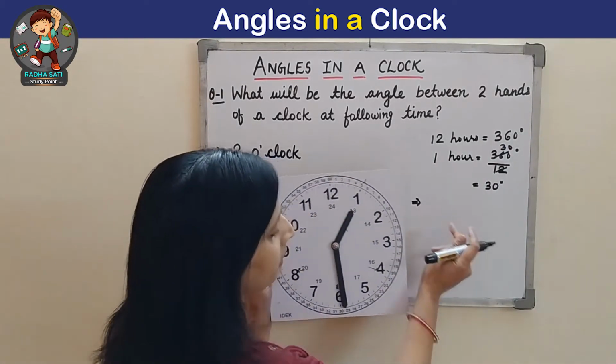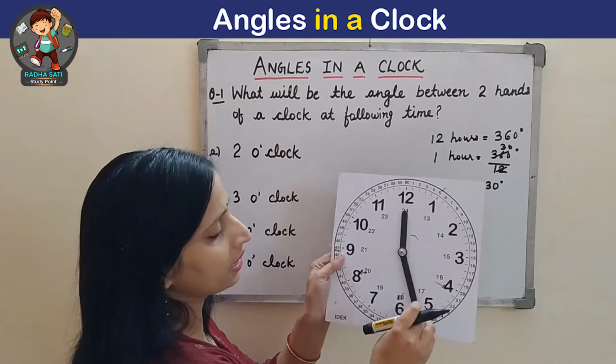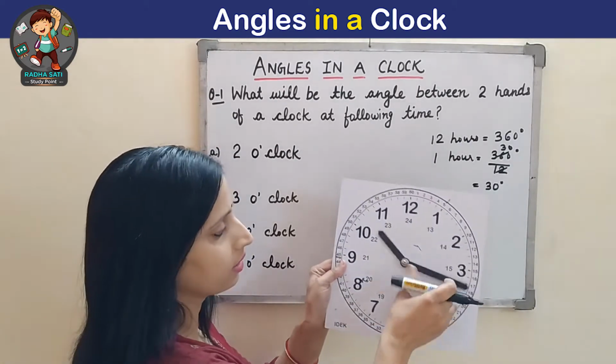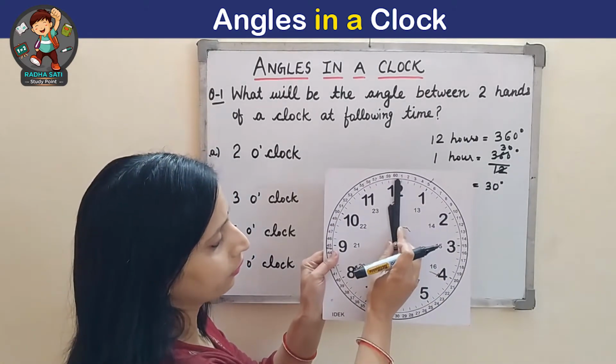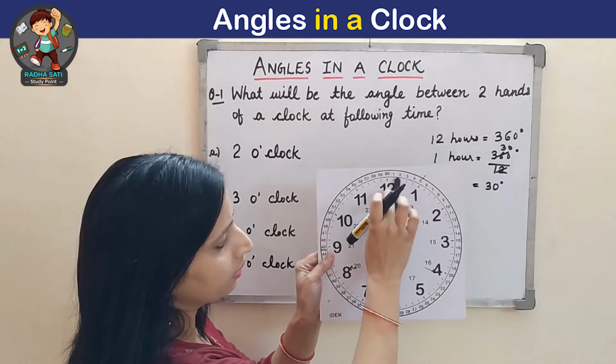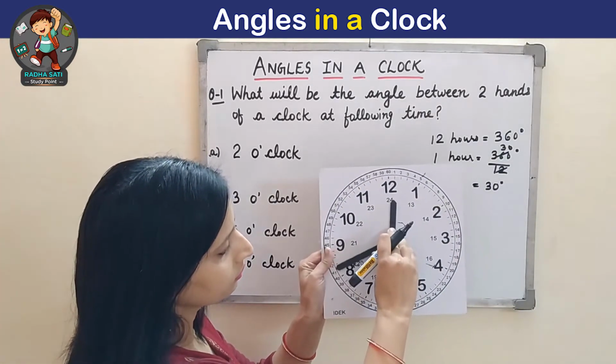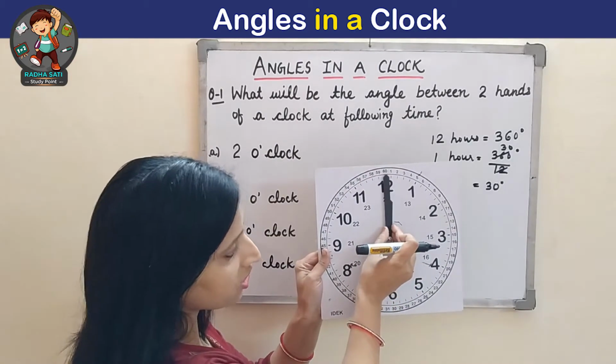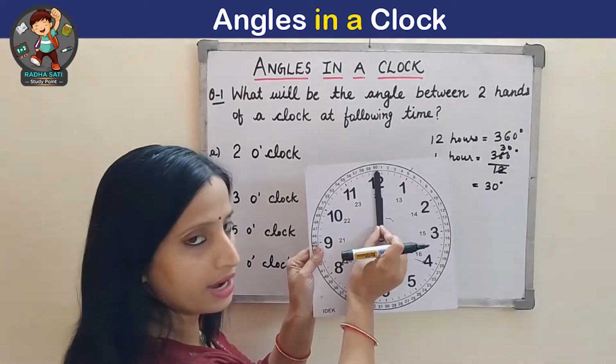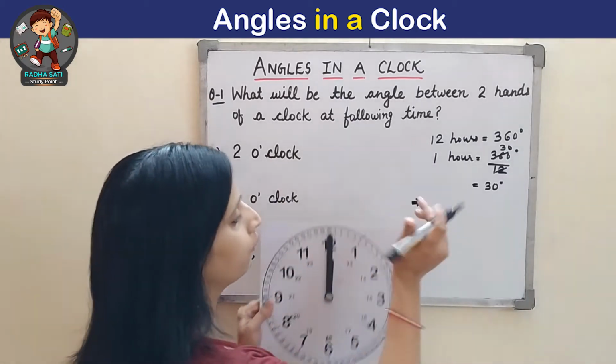Similarly, now for the minute hand. Let's take this at 12. This minute hand will complete one revolution in 60 minutes. In 1 hour, it will complete one revolution.